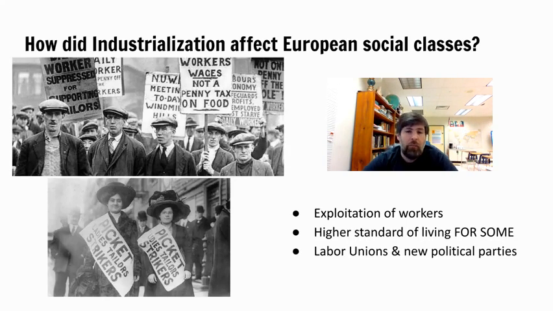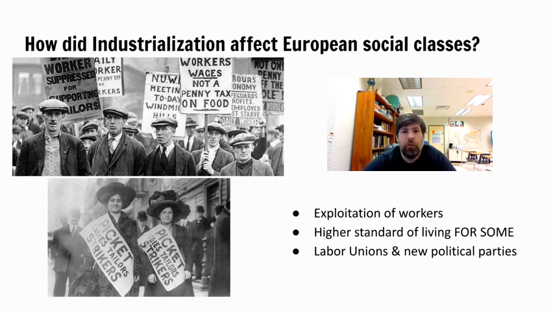That meant that a lot of people were going to turn to protest in order to try to get better opportunities for themselves, to force factories to treat them better. One way they did that was through labor unions, where workers came together as a group in order to negotiate for better working conditions and to force factories to pay them more and not make them work as many hours.